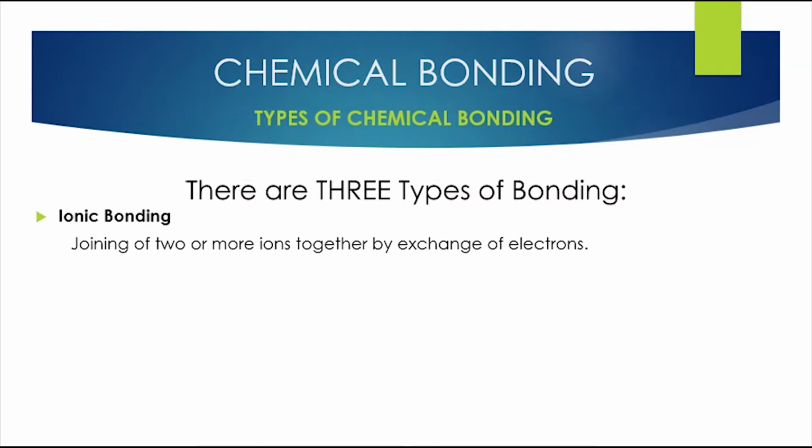Another type of chemical bonding is covalent bonding. Covalent bonding is the sharing of the valence electrons. So two elements will come together, then they'll share or both will donate electrons, making these two ions stable.